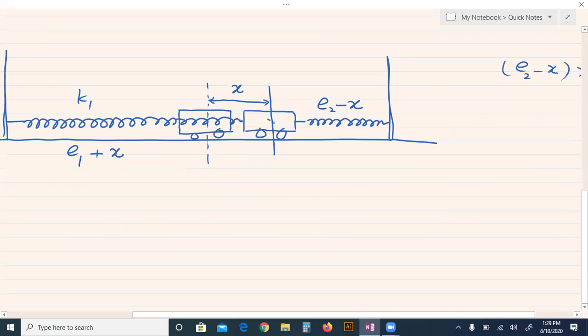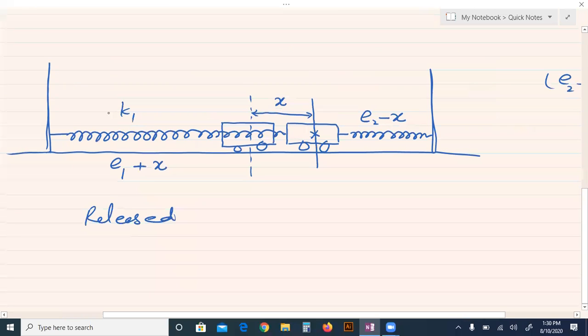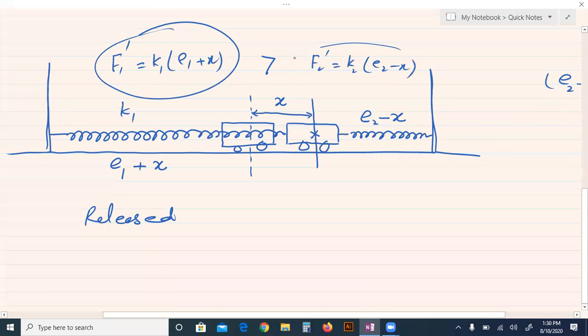The trolley is held stationary by your force, but when it is released, this side force F1', K1 (E1 plus X), is greater than this side spring force K2 (E2 minus X), due to the larger extension.